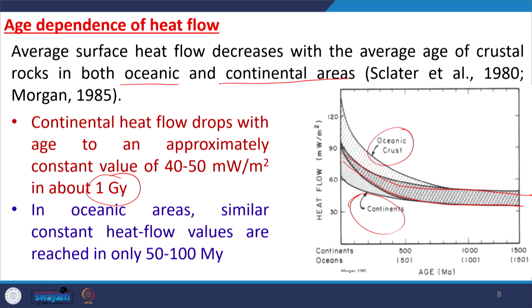The oceanic crust graph is reducing at a faster rate and finally merging with the average one, at about 50 to 100 million years. However, the continental crust goes down and merges at about 1 giga-annum or so. So, in oceanic areas this heat drop is reached in much less time as compared to the continental crust.